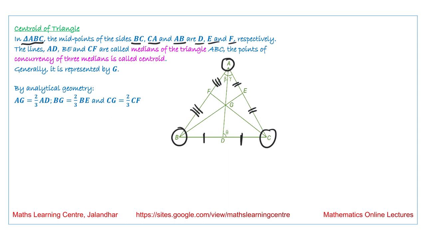We have drawn the line AD, the line BE and the line CF. These are called the medians of the triangle, and the point where these three medians meet is called the centroid, represented by capital G.